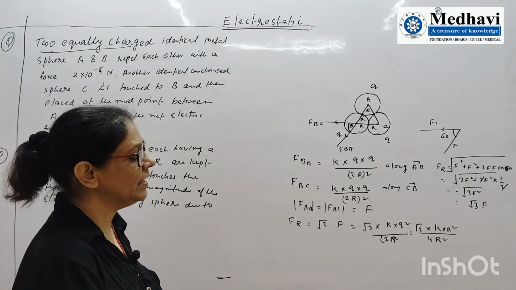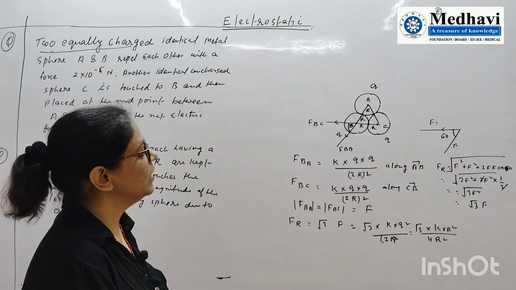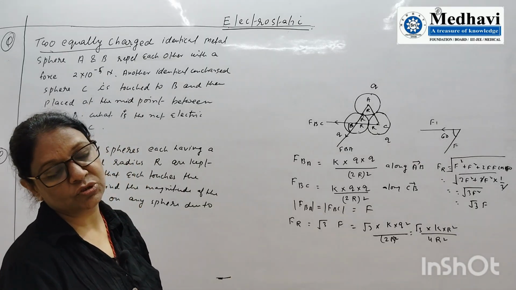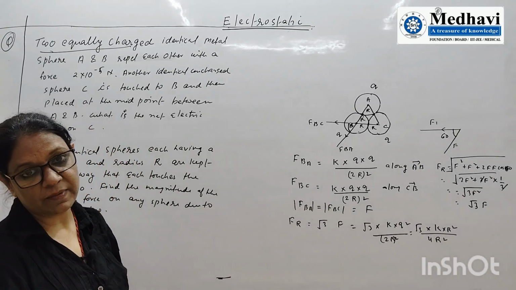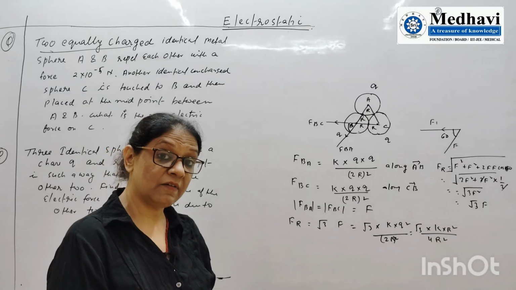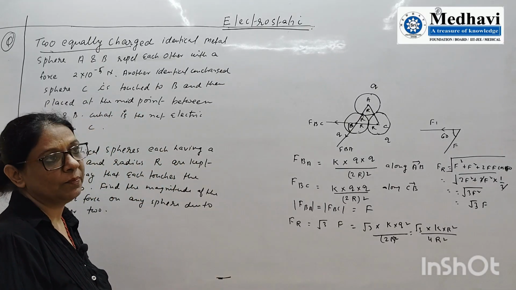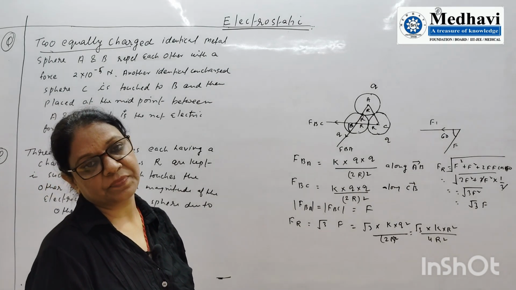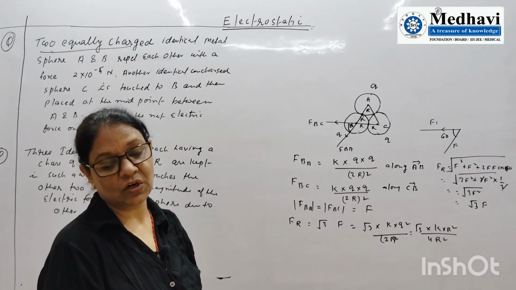So here one thing I want to say: I have prepared these videos basically for those students who are from a PCB background, physics, chemistry and biology. Why? Because this year the physics paper was difficult. Those from a PCB background think they should not give too much attention to physics.